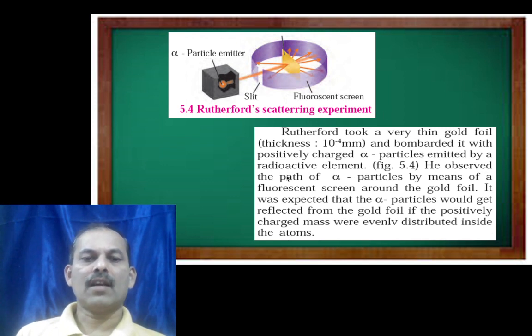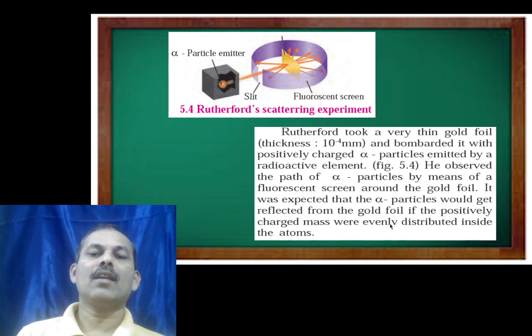He observed the path of alpha particles by means of a fluorescent screen around the gold foil. It was expected that the alpha particles would get reflected from the gold foil if the positively charged mass were evenly distributed inside the atoms.